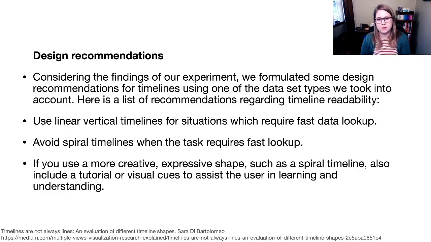So this kind of reminds me of the perceptual stuff. Like if you want someone to be able to perceive it really fast, here's what you should do. But if you are going to do something that's more creative or expressive, that might be more appropriate for your data. But you might want to include a tutorial or more visual clues to assist the user in understanding.